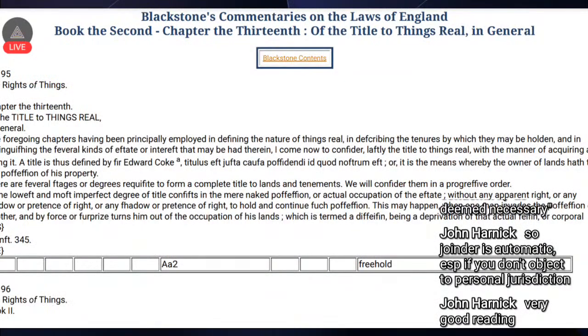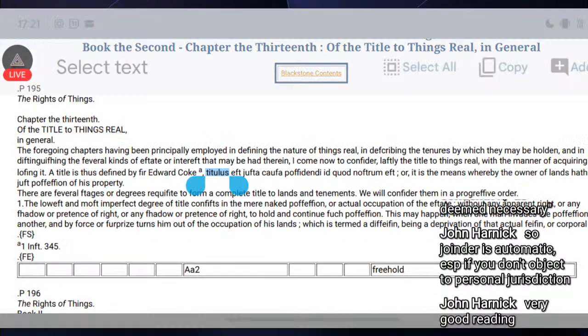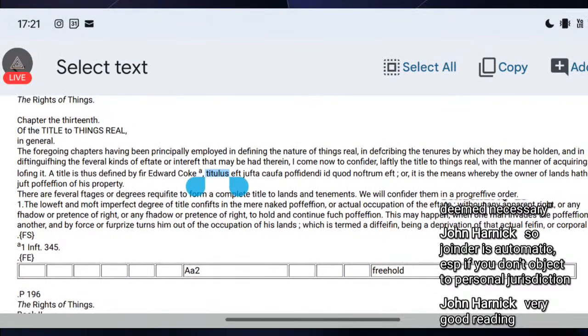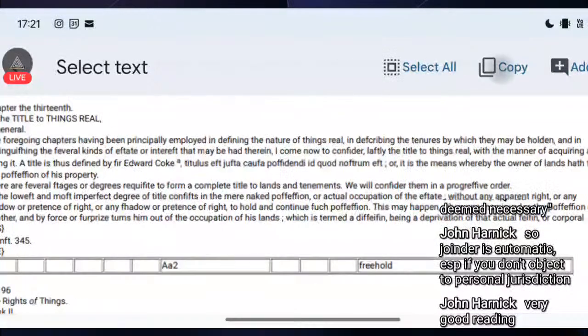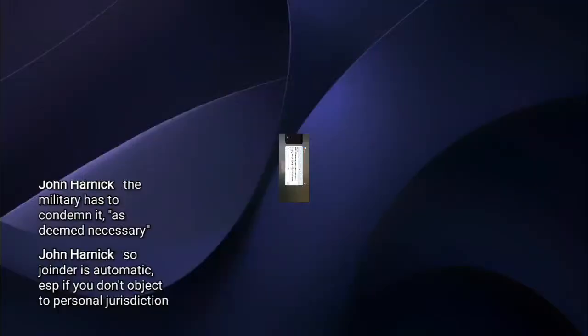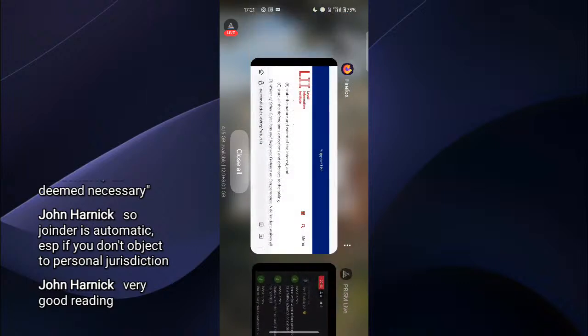I come now to consider, lastly, the title to things real, and the manner of acquiring and of losing it. A title is thus defined by Sir Edward Coke: Titulus est justa causa possidendi id quod nostrum est. I don't know what that translates to.